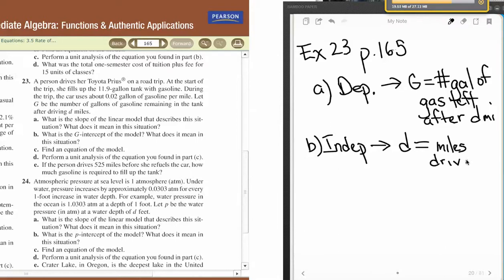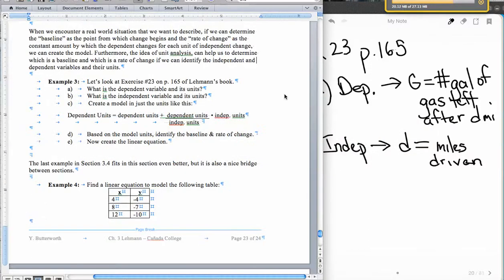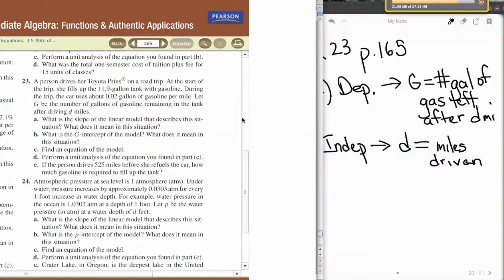Now after that, we have to go back and look at what it asked us to get. So we're creating a model using the dependent units and the independent units to create the baseline and the rate of change times the independent. Looking here, we say that she fills up 11.9 gallons.